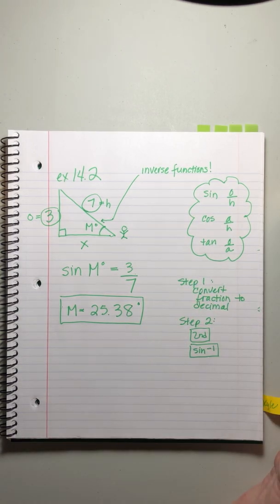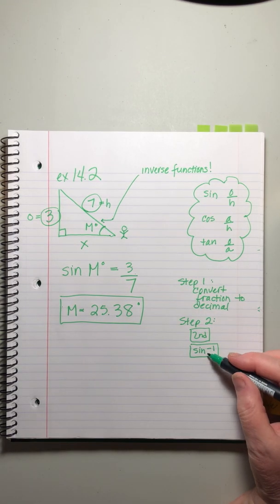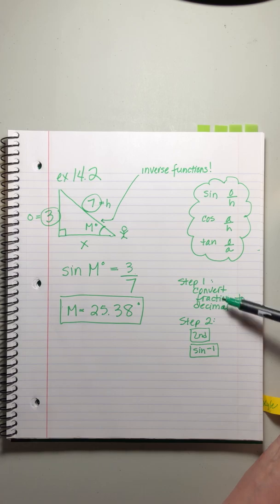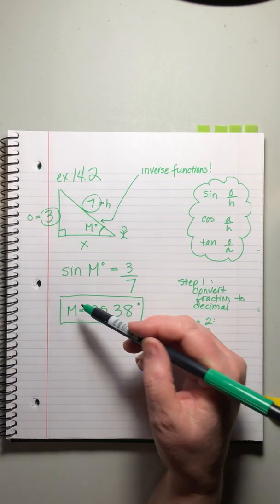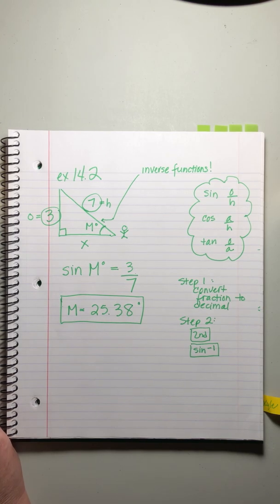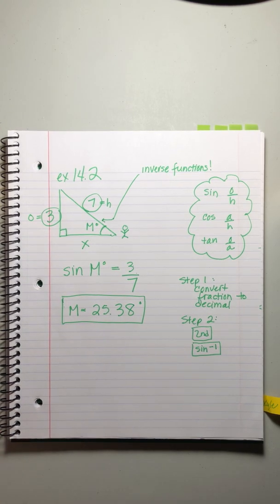Oh, that's not so bad, is it? You just have to know how to use this button. And again, we're finding an inverse function because we've got the decimal and we want the angle. So this is the size of the angle right there. Cool, right?